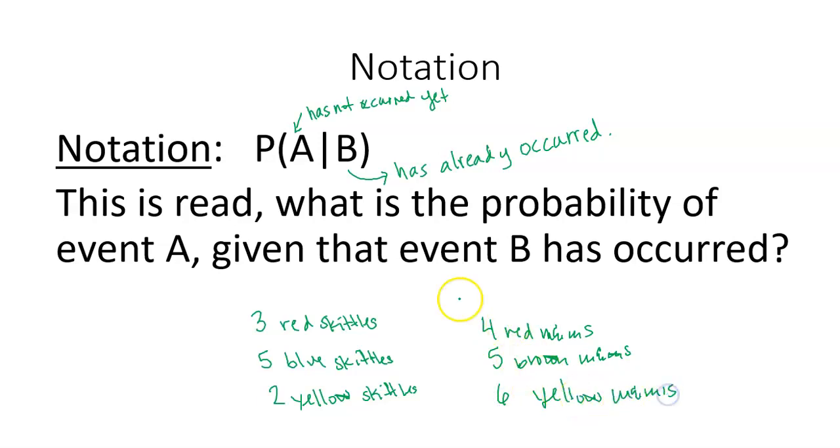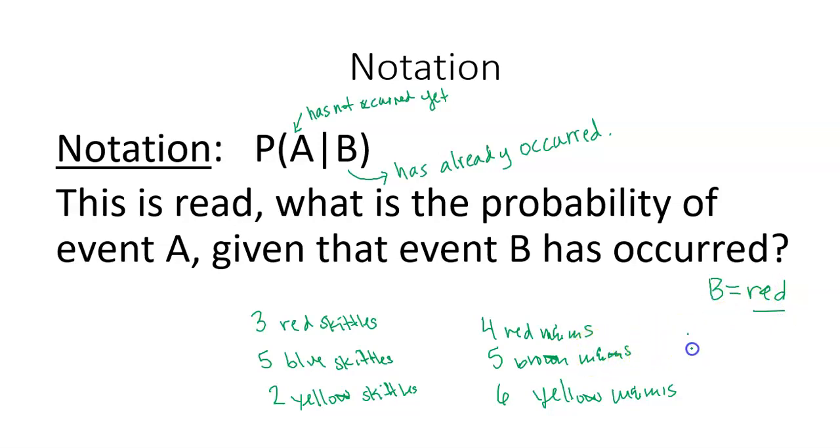Okay, if this is the contents of the bag, let's say your friend has the bag and they draw out a piece of candy at random and they tell you that this piece of candy is red. They don't tell you what type of candy it is, they just tell you it's red. So the event that has occurred here, event B, is that the candy is red. That's all we know.